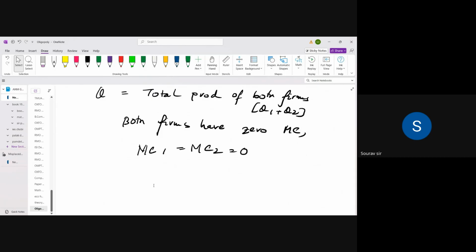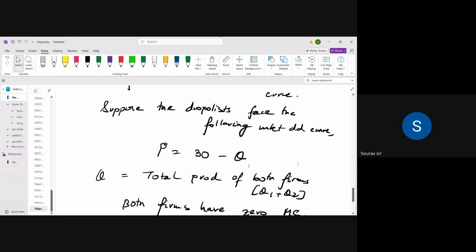How will we do that? To maximize profit, it will set marginal revenue equal to marginal cost. So R1 will be P times Q1. That will be 30 minus Q multiplied by Q1.